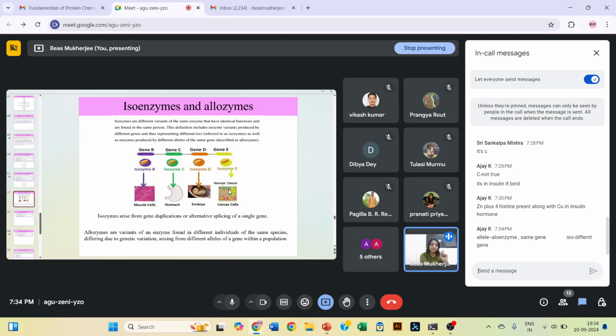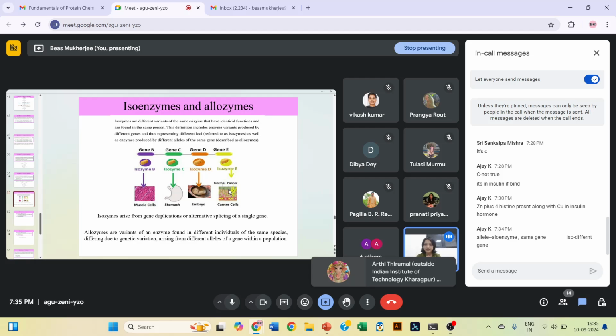But the same gene undergoing duplications and alternative splicing to give rise to different genes is giving rise to isozymes, which are functionally very similar but differ in their properties. So there can be isozymes of the same enzyme existing in different regions of your body. For example, there can be pyruvate kinase existing in the muscle and in the liver. Both of these function only slightly differently. This is how you can remember.